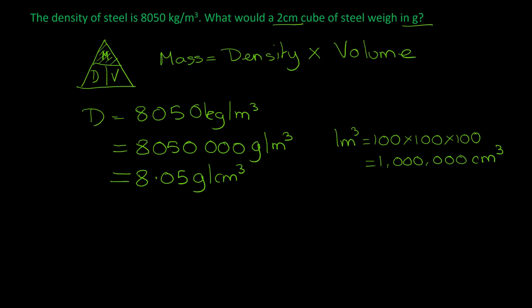So now we've got the density in the right units, we also need to get our volume. In this case we've got a 2 centimeter cube, so it's going to be 2 by 2 by 2, so that means it's going to be 8 centimeters cubed. Now we've got everything in the right units, we can just do the sum.